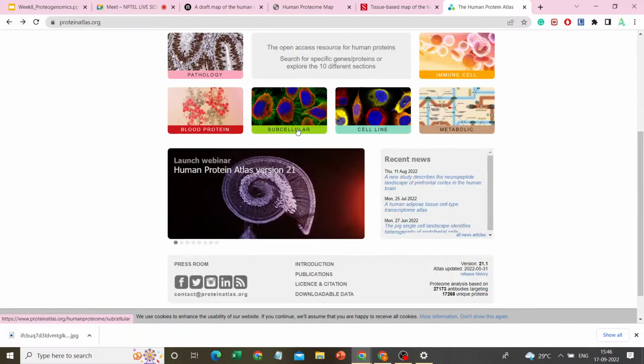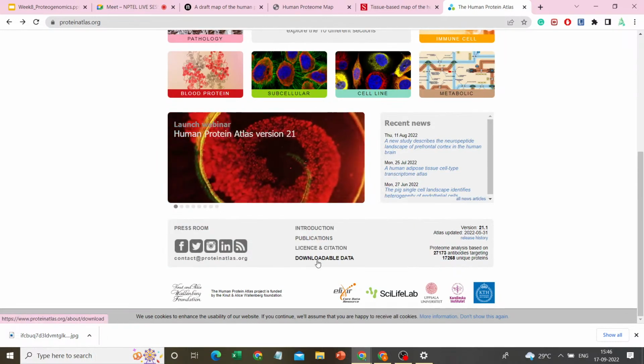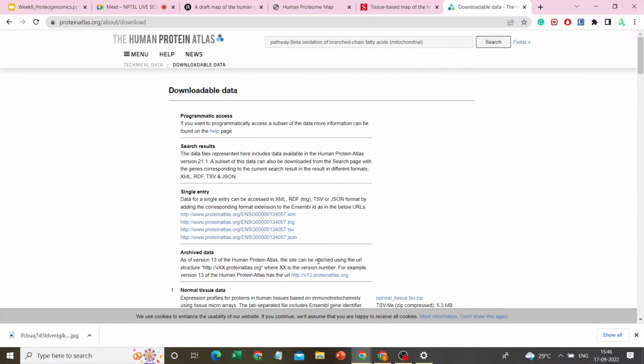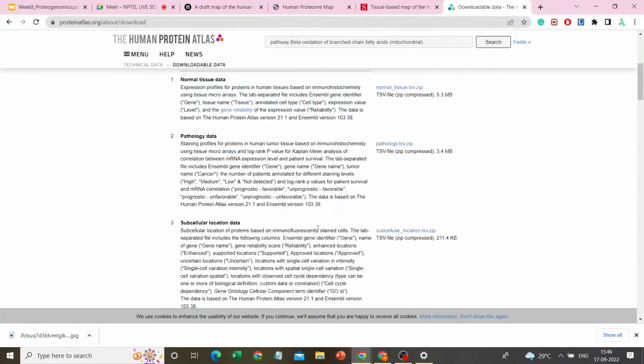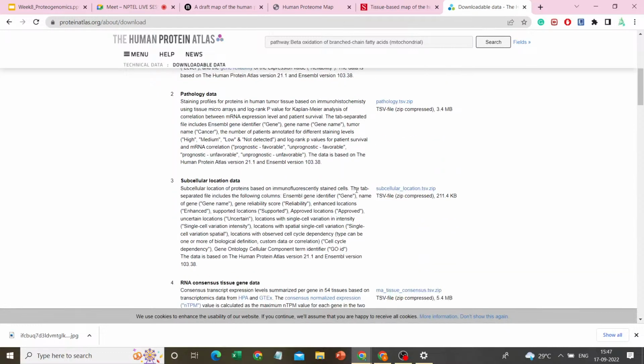What I would like to show is that if you want to download your data, you can go to downloadable data and get it from here. If you have a huge file to analyze, you cannot search one by one. The best thing is that you can download the data, analyze it, refer to it with these repositories, and then come to a conclusion. The pathology data, all of this, you can get in TSV format.